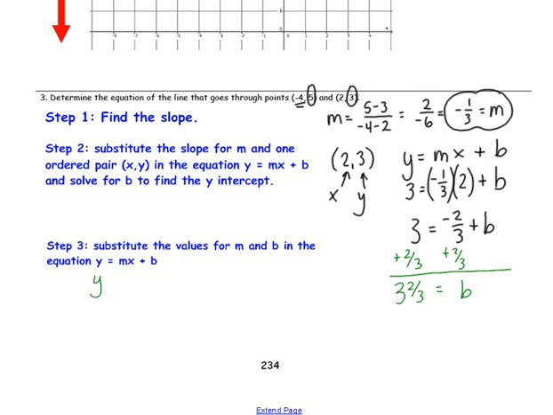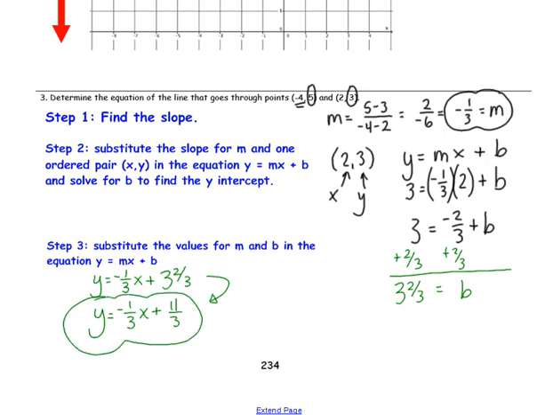So we have y equals, the value for m is negative 1/3, x plus b, which is 3 and 2/3. As I said before, you will also see the equation in slope-intercept form where the y-intercept is left as an improper fraction. So go ahead and calculate what that would be. And it is 11/3. So either one of these forms would be correct, but this is the most common way to see it.